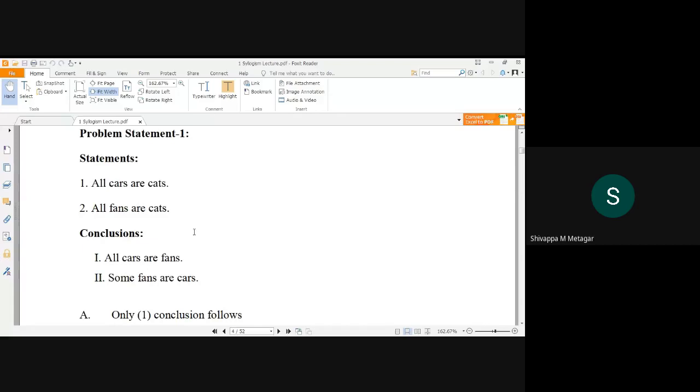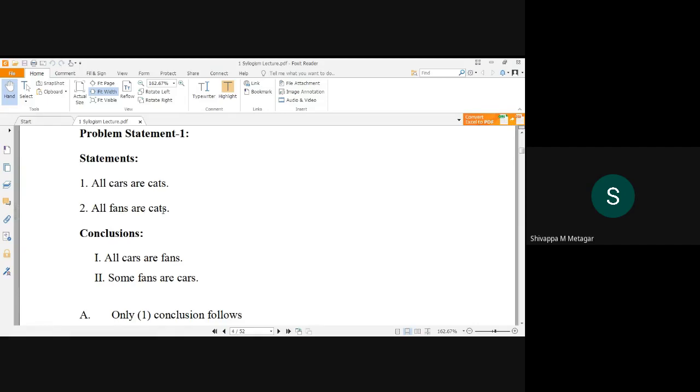The first problem. Syllogism questions can contain statements, conclusions and options. Here two statements are given. All cars are cats. Second statement: all fans are cats.